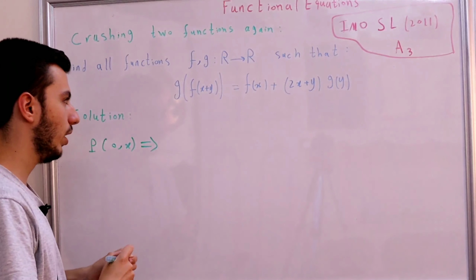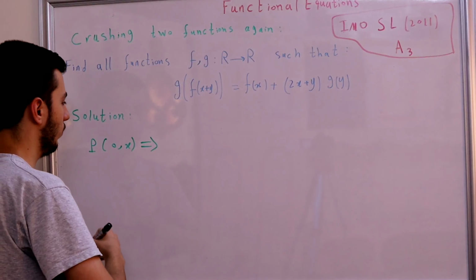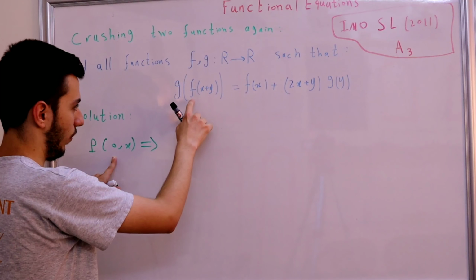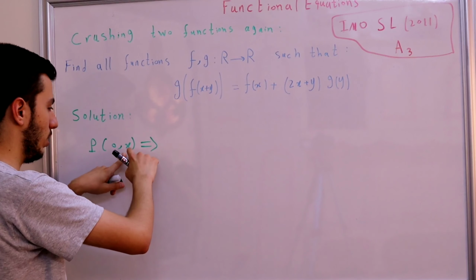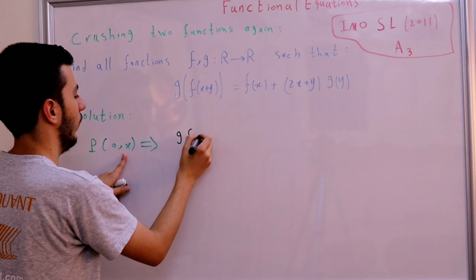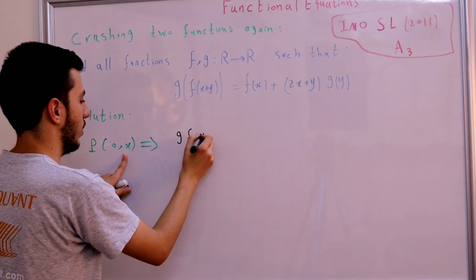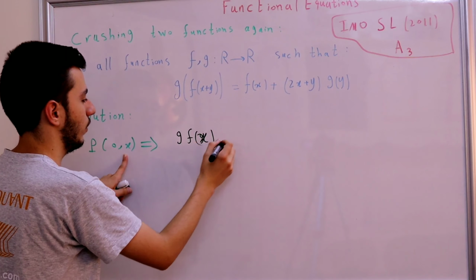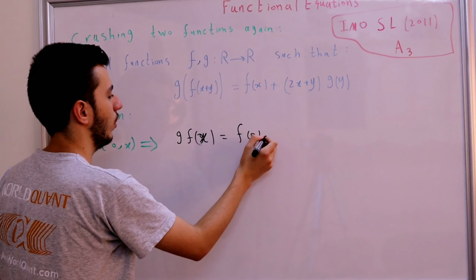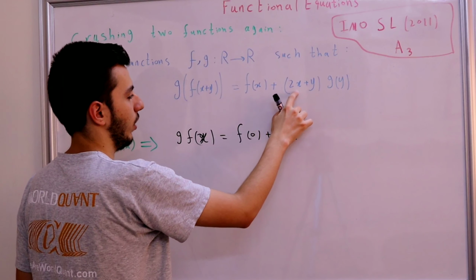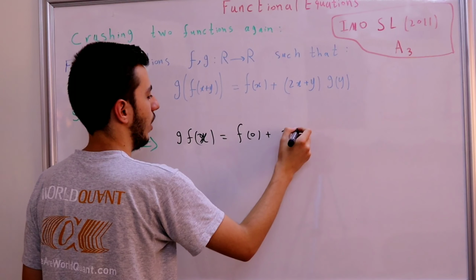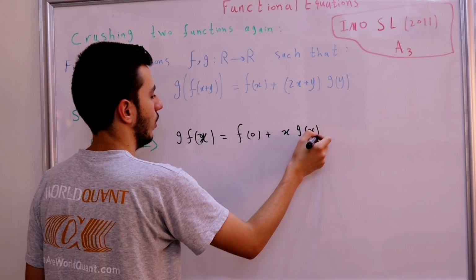Okay, but I need to pay attention now, because now each x is 0. So this is g of f of y, but because we've substituted y with x, this is going to become g of f of 0 plus x, which is equal to f of 0 plus 0 plus x, times g of x, that is, x times g of x.